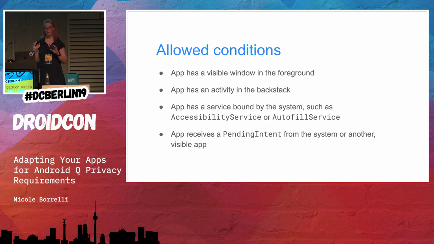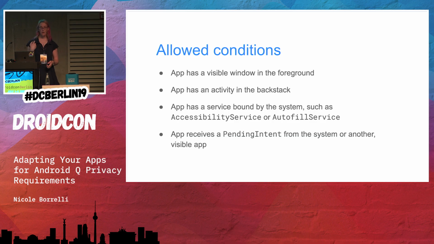The next one, which is a little bit trickier to follow, is that if you have an activity in the backstack, so if you launched an activity over top of you, you can still launch an activity from the background, since you're still in the backstack. If the system is bound to a service of yours, you can launch an activity. And these are a couple of examples.